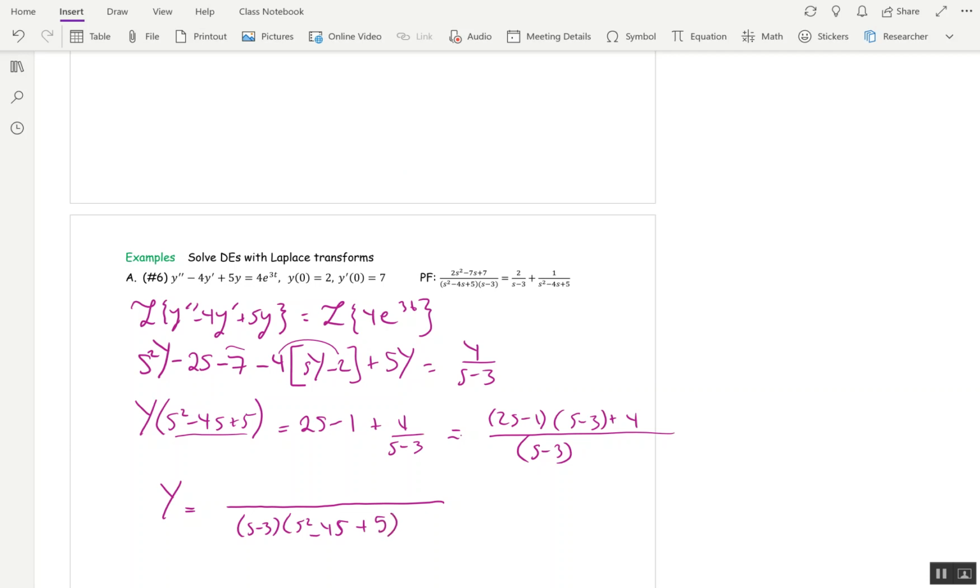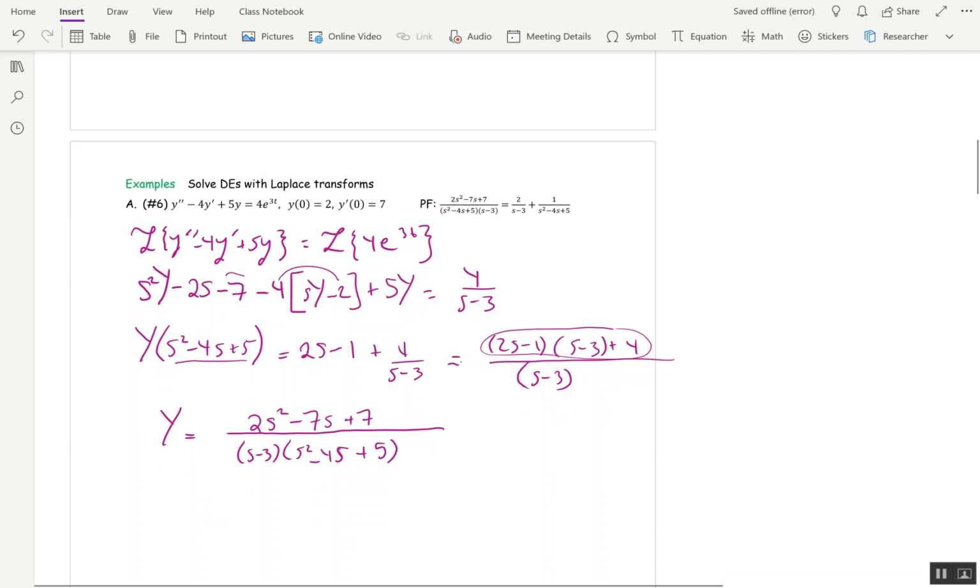And then on top, I'm going to take this expression and multiply it out and collect like terms. So I'll have 2s squared minus 7s plus 3 plus 4 is plus 7. Okay. Now, I'm ready to take little L inverse of both sides.